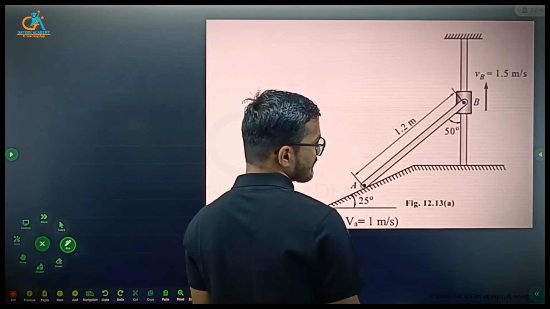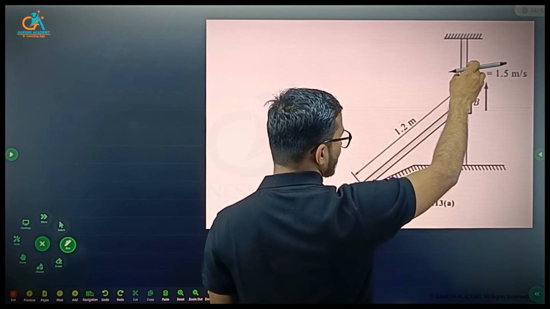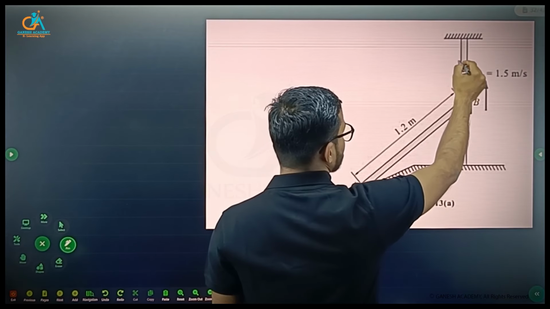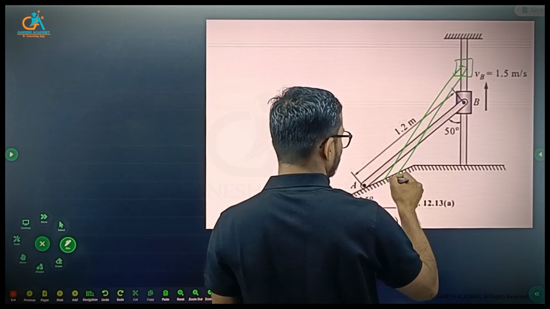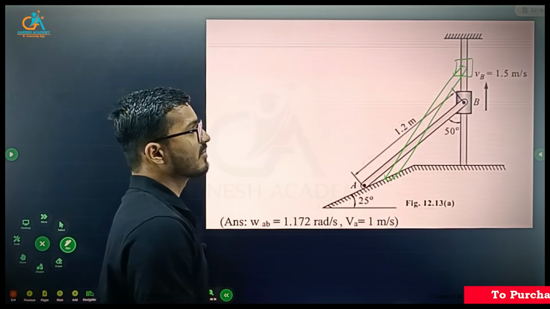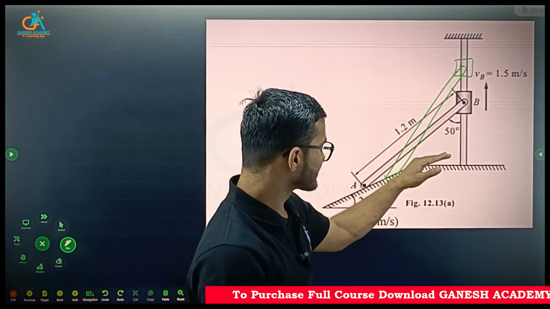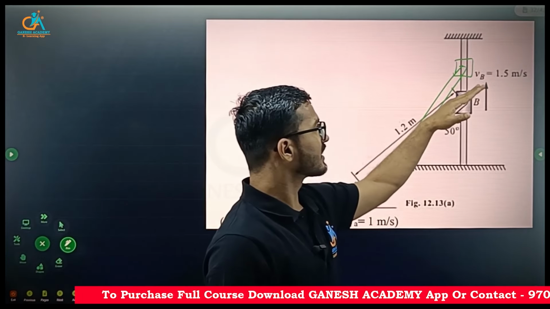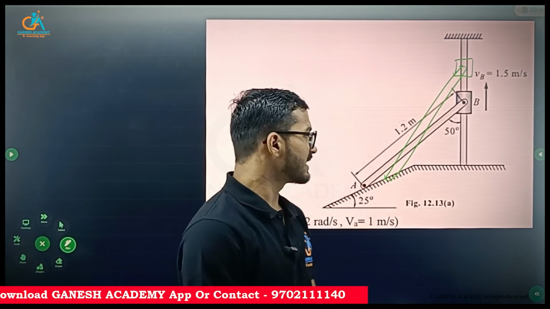So VB is 1.5. So what will happen if this B collar moves in the upward direction? Let's say here, so this rod will get displaced, right? So it will perform a general plane motion. So it slides along this inclined plane and it also rotates. There is rotation of AB as well.